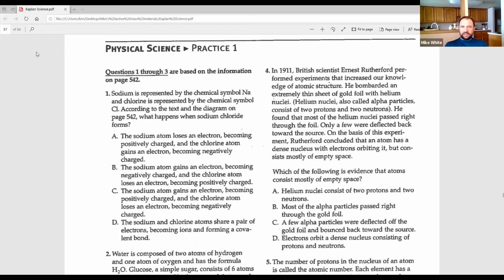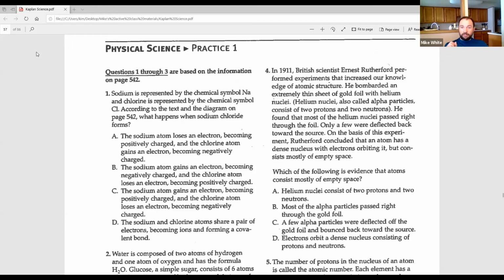So in 1911, British scientist Ernest Rutherford performed experiments that increased our knowledge of atomic structure. He bombarded an extremely thin sheet of gold foil with helium nuclei. The dense nucleus is the middle of the atom, the main part of it. Helium nuclei, which are called alpha particles, have 2 protons and 2 neutrons.